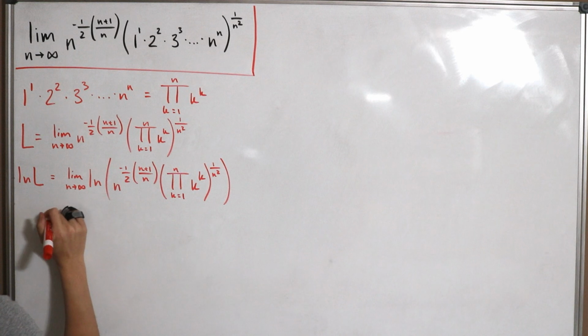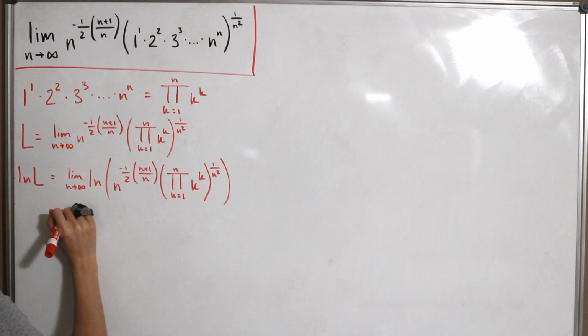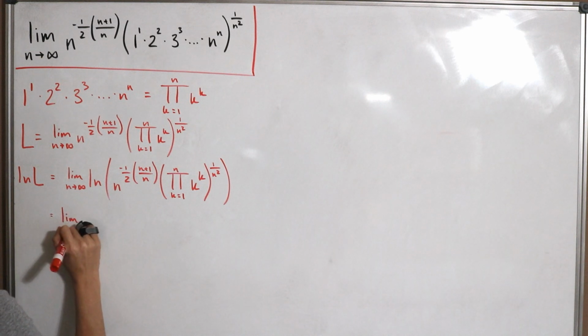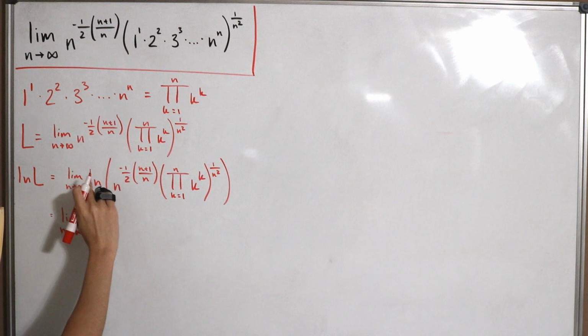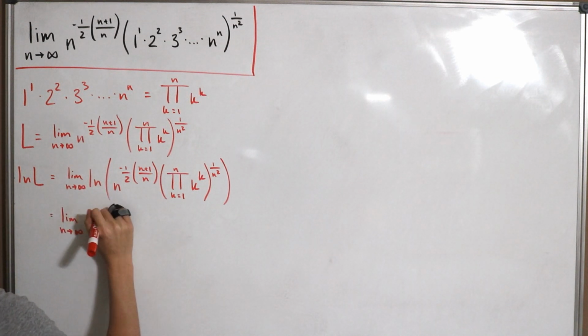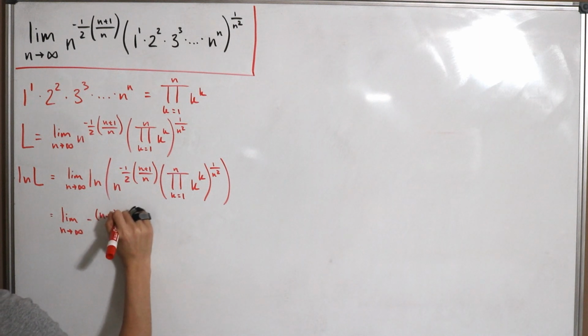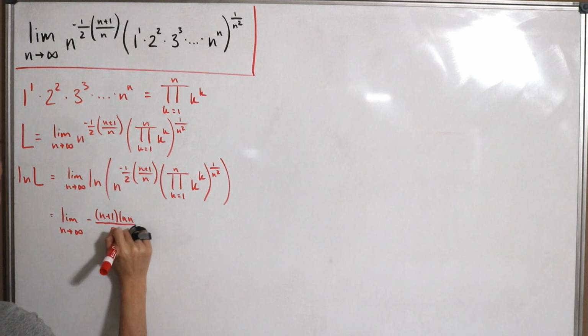So let's use those rules, and we have the limit as n approaches infinity. The exponent can come out to the front, and then we have the natural log of n, so this can be written as (n plus 1) times ln of n. Then we can divide this by 2n.